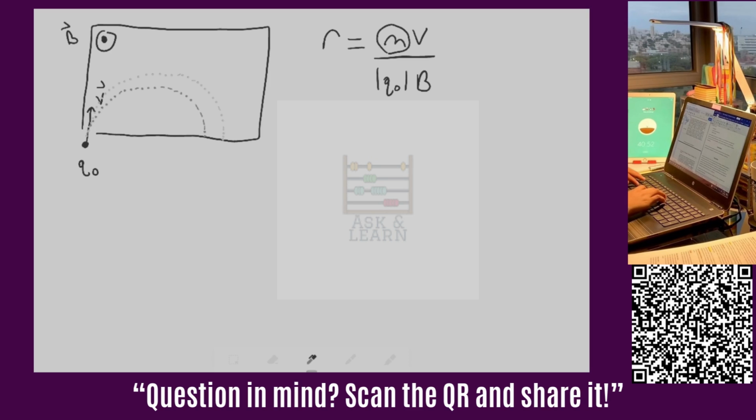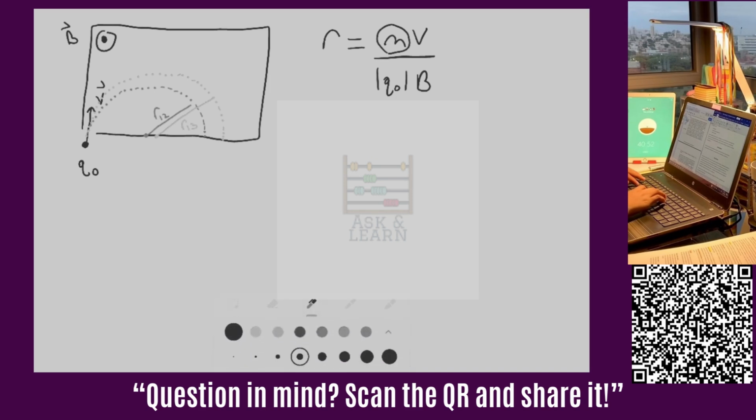I'm going to use a 12 as a subscript for the radius of the circular path for our carbon-12 isotope, and the radius for our carbon-13 isotope will be something like this.